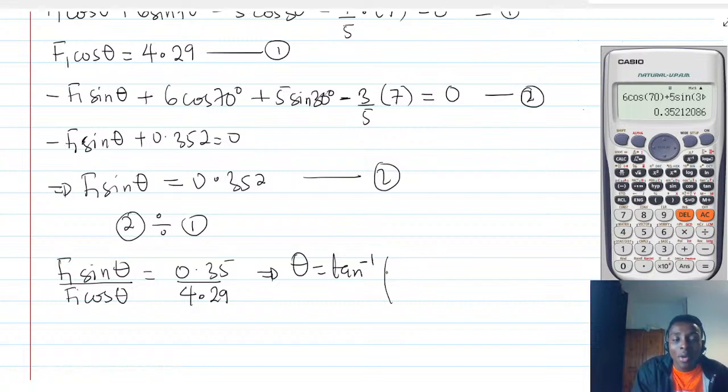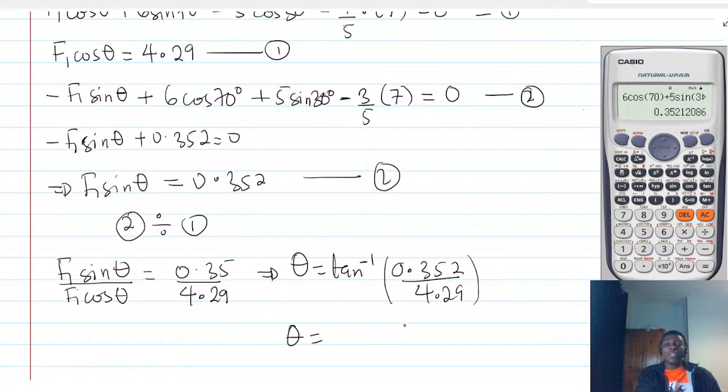So tan inverse of 0.352 divided by 4.29. Now, what is theta?